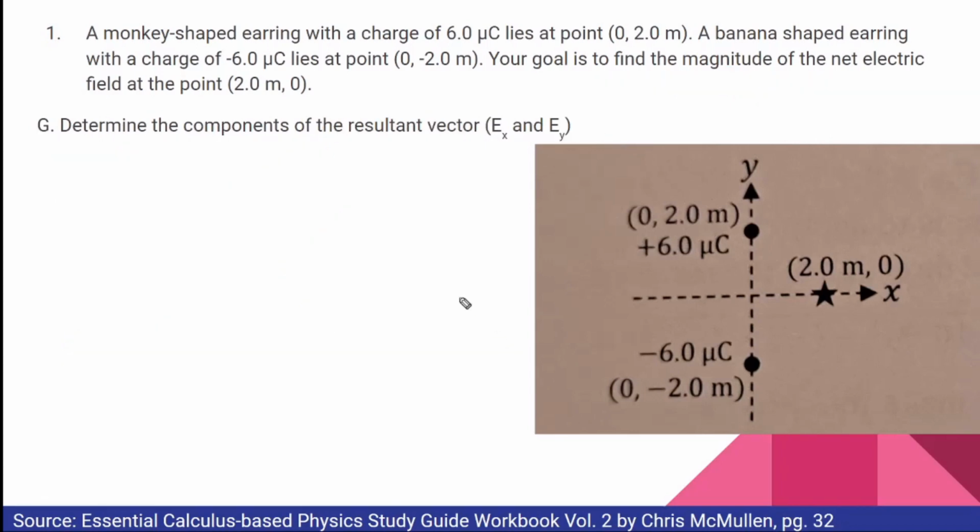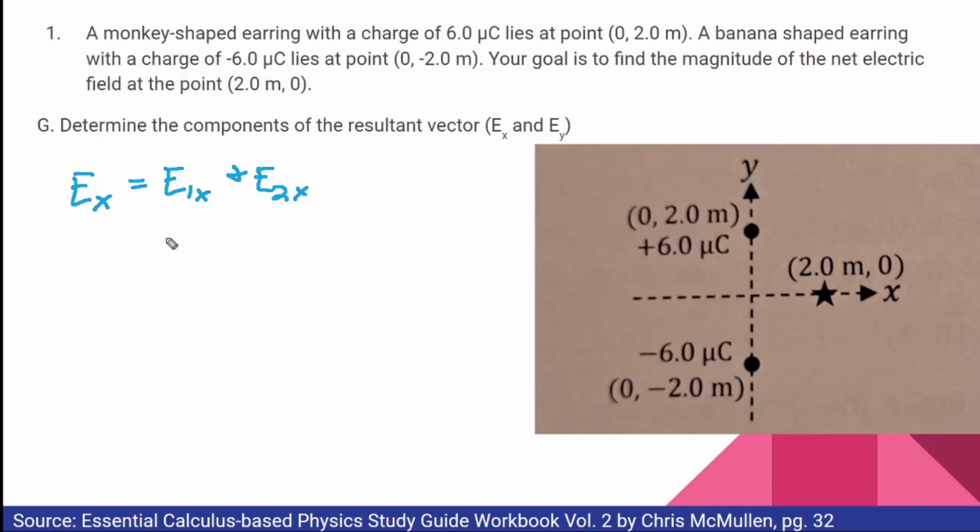Determine the components of the resultant vector. Essentially, in order to get the E of x, we will be adding the E of x from the first vector with the E of x from our second vector.